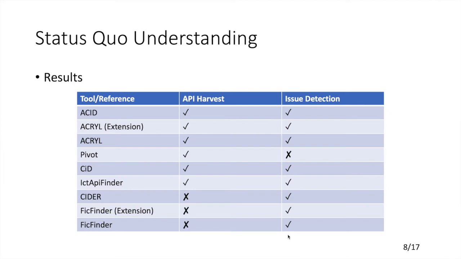The table shows the ability of the tools to harvest incompatible APIs and detect issues. Since Pivot was developed for incompatible API harvesting, we excluded it in the following analysis.